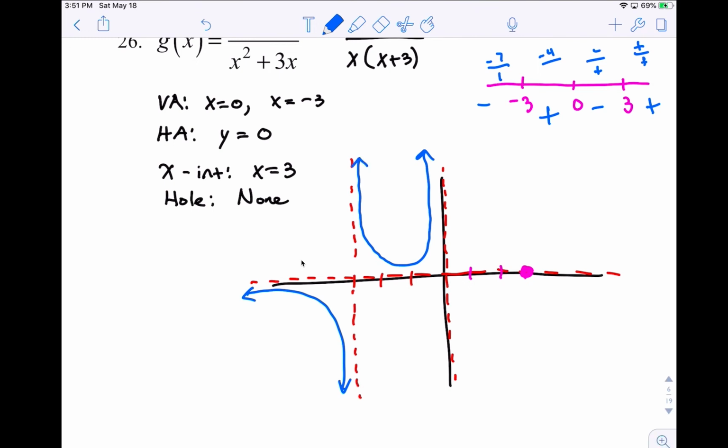All right, and then between 0 and 3, it's negative, which will look like that. And then from 3 to infinity, it's going to be positive. All right, so I know I'm crossing my asymptote here, but as long as you stay level, you're allowed to cross a horizontal asymptote, but just not a vertical asymptote.